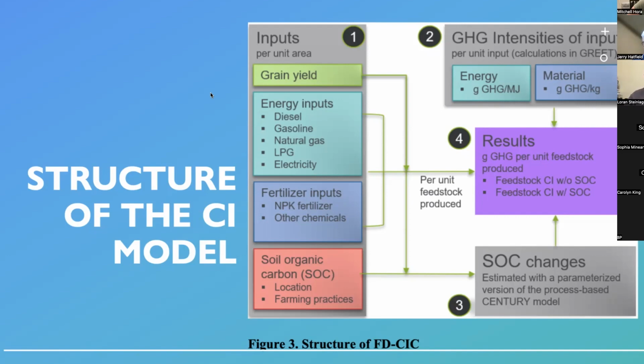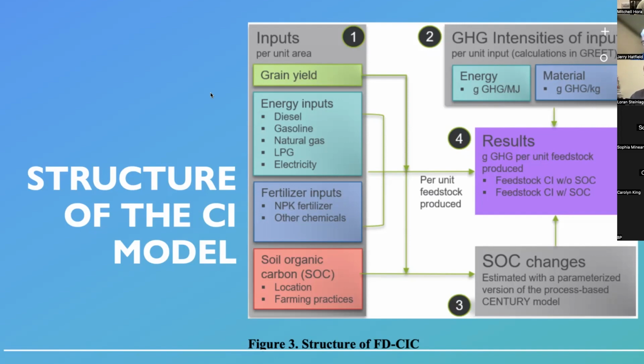And as Mitchell and I both said, that's a pretty coarse estimate, but the results come out in two different ways in the GREET model, with and without the soil organic carbon. And so it gives you a feedstock CI score. So we know what the yield is, we know what the inputs are in terms of greenhouse gas, which gets us back into that simple idea that we can compute a score very quickly in all of this.